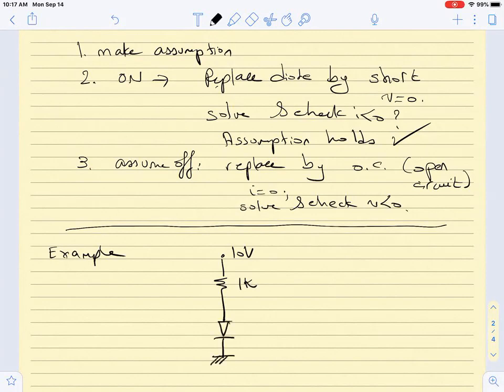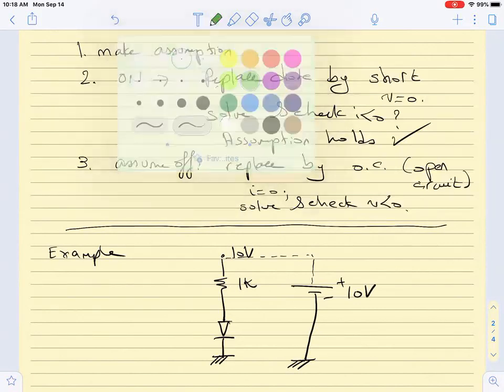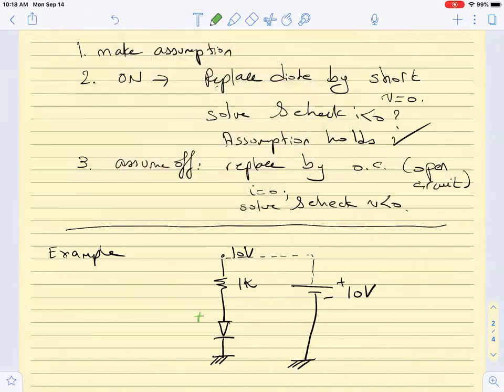What we mean by 10-volt here is a positive terminal here and a negative terminal here. So the first thing that we do is set the diode characteristics: the positive terminal of the diode, the negative terminal, and the direction of I of the diode. We don't change it.